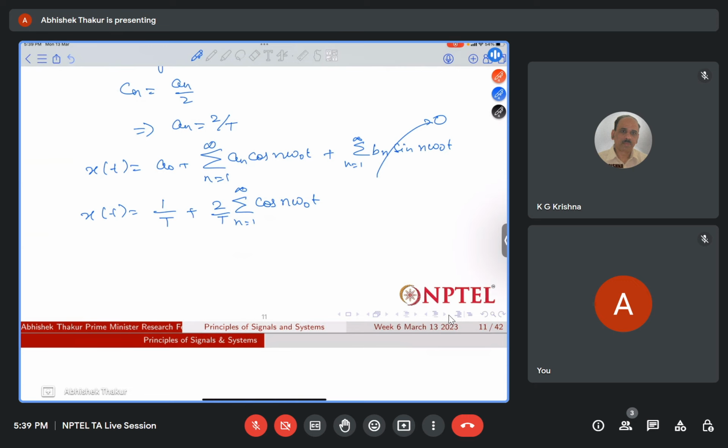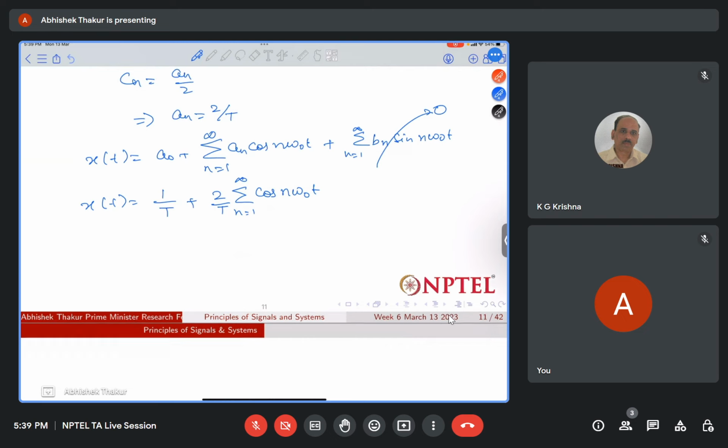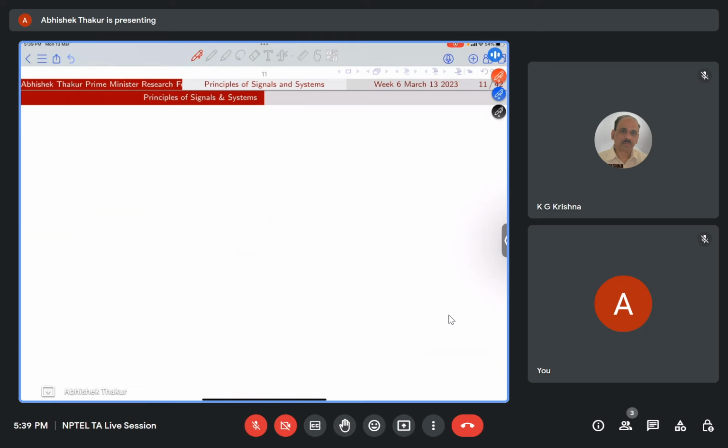We'll solve some more questions. Before that, we can see some of the properties. First I will write the properties directly. No need to see the proof for this, and we'll solve some questions.